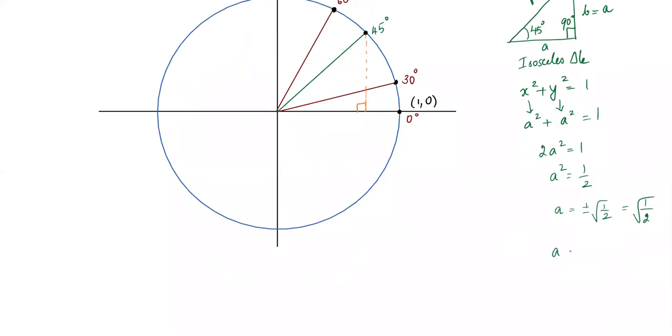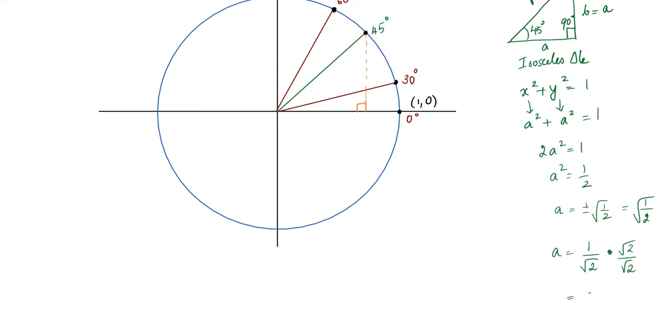Now we know that if it is positive square root of half, we can rewrite this as 1 over root 2. However, you don't leave a root 2 in the denominator. We have to rationalize the denominator. So you multiply up and down by root 2 to eliminate the denominator containing the radical.